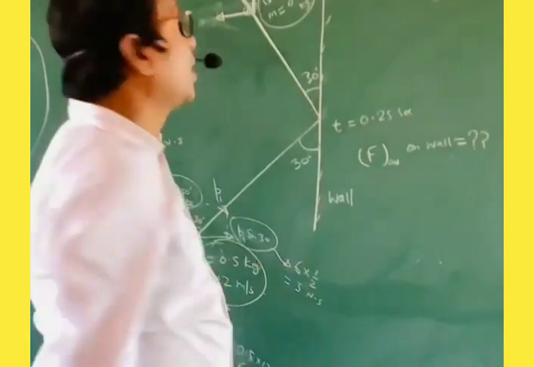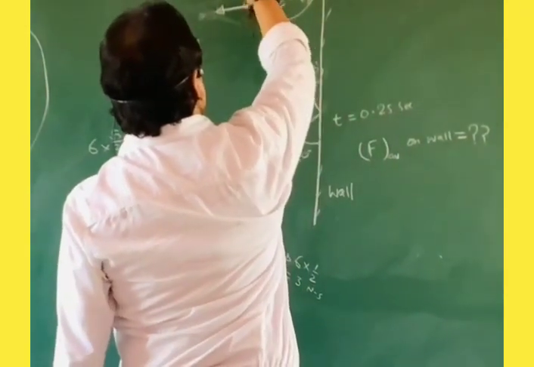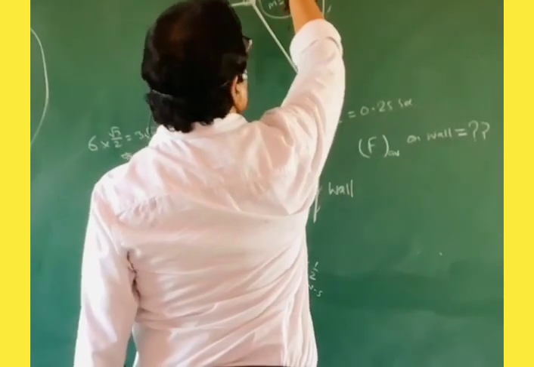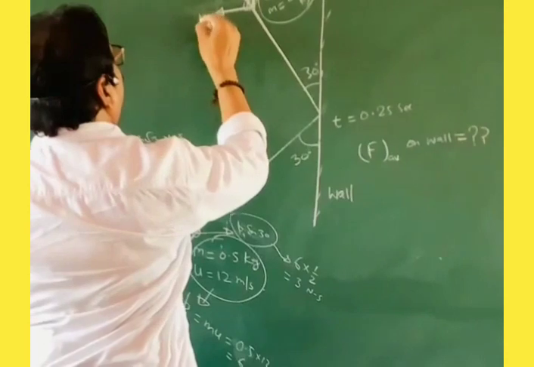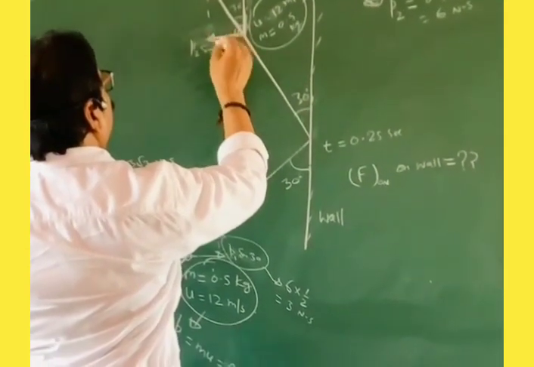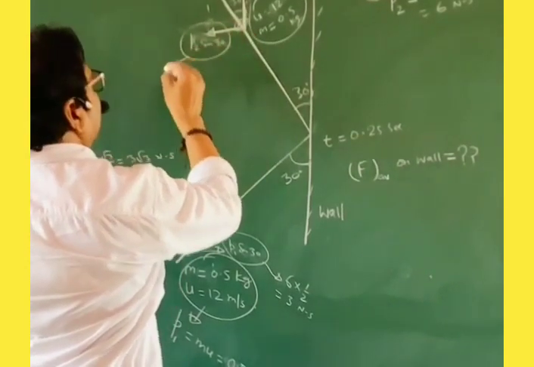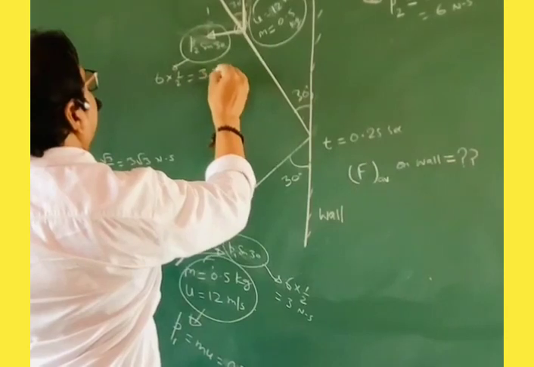So this is basically P2. So P2 cos 30, and this will be P2 sin 30. Any problem? So P2 means how much? 6, and it is 1 by 2. That means 3 Newton second.